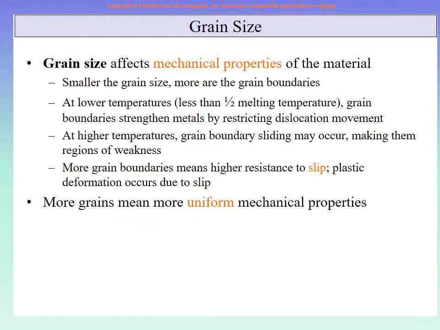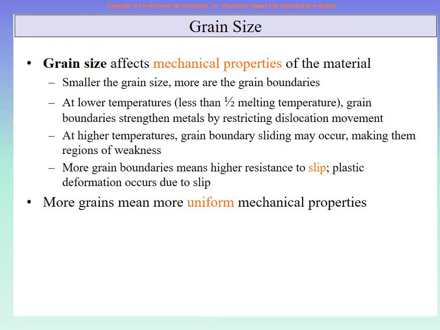One thing is there, that if the grains are fine, then the mechanical properties will be more uniform. If the grains are large, some are small, some are medium, and so on, the properties are not the same everywhere. When the grains are a small size, then the grain size is roughly the same everywhere in the metal, so the mechanical properties are uniform, they are the same everywhere, which is very, very important.